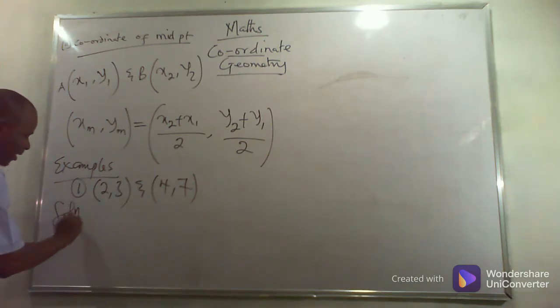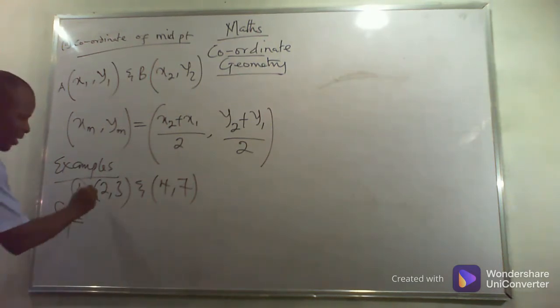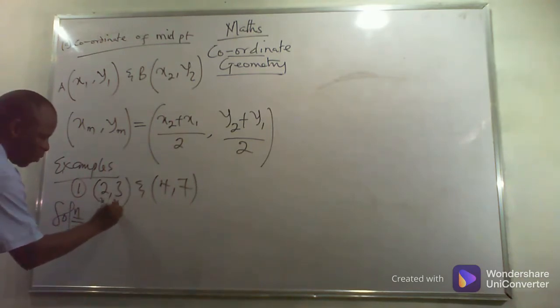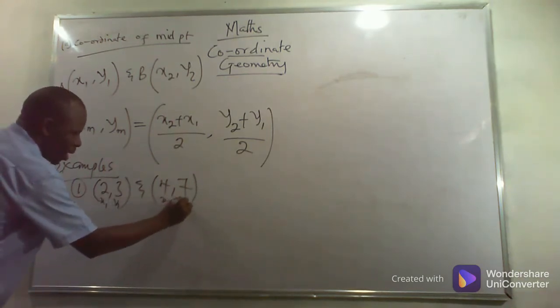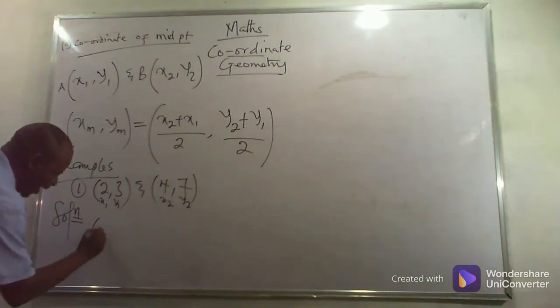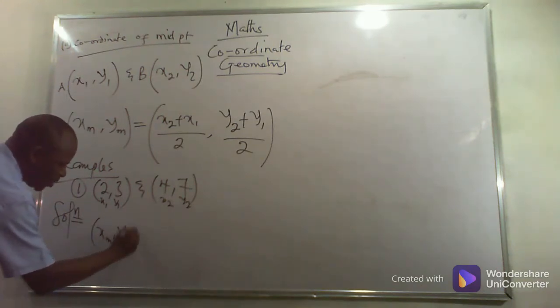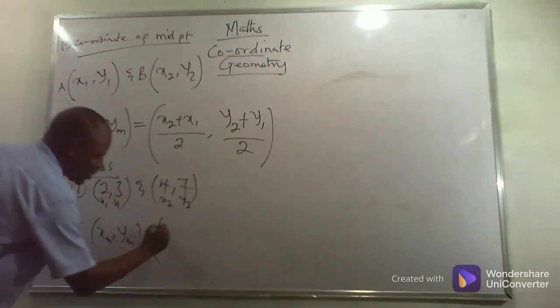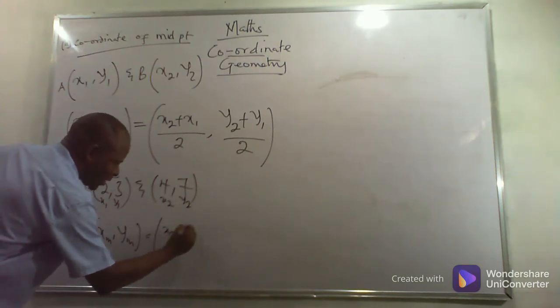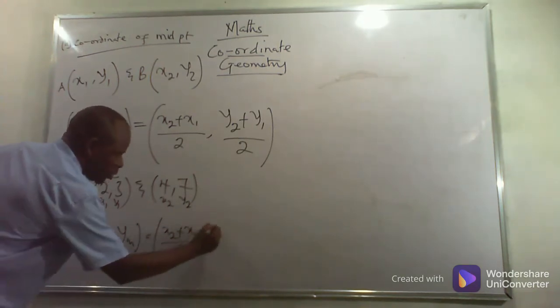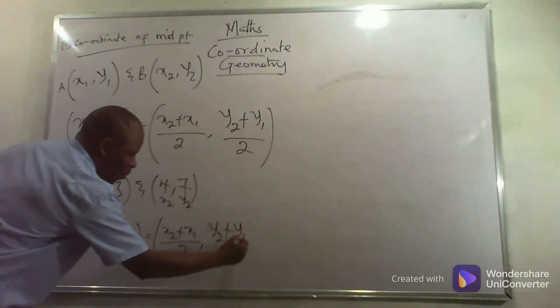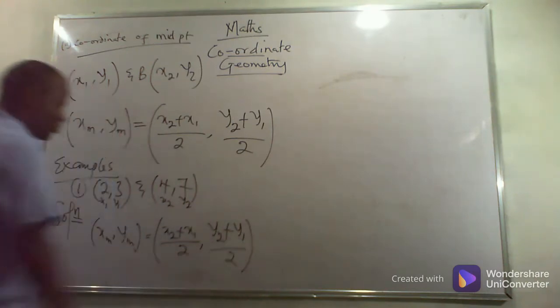Every question has a solution. So just name the points x1, y1, x2, y2. What's the formula? xm, ym equals bracket x2 plus x1 divided by 2, y2 plus y1 divided by 2.